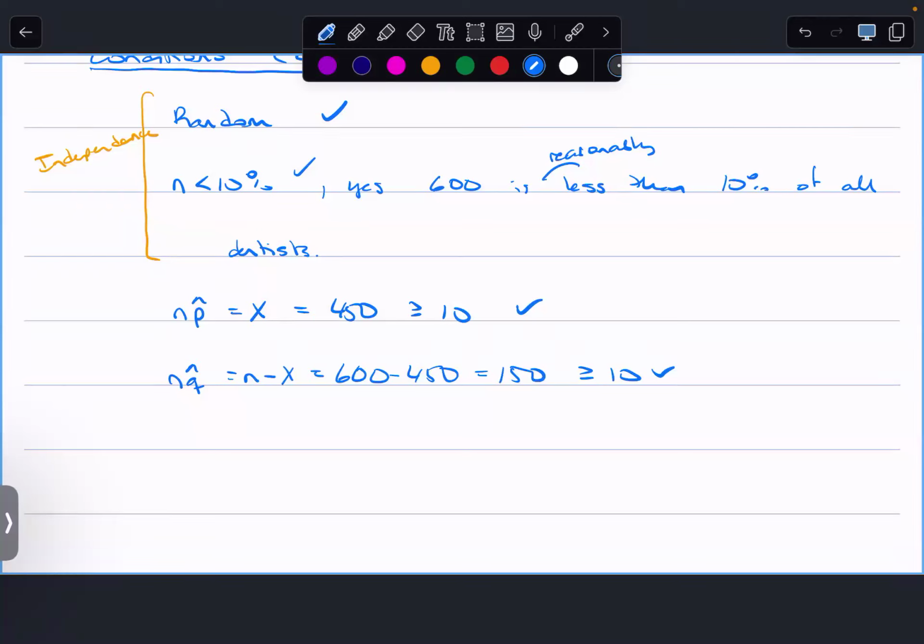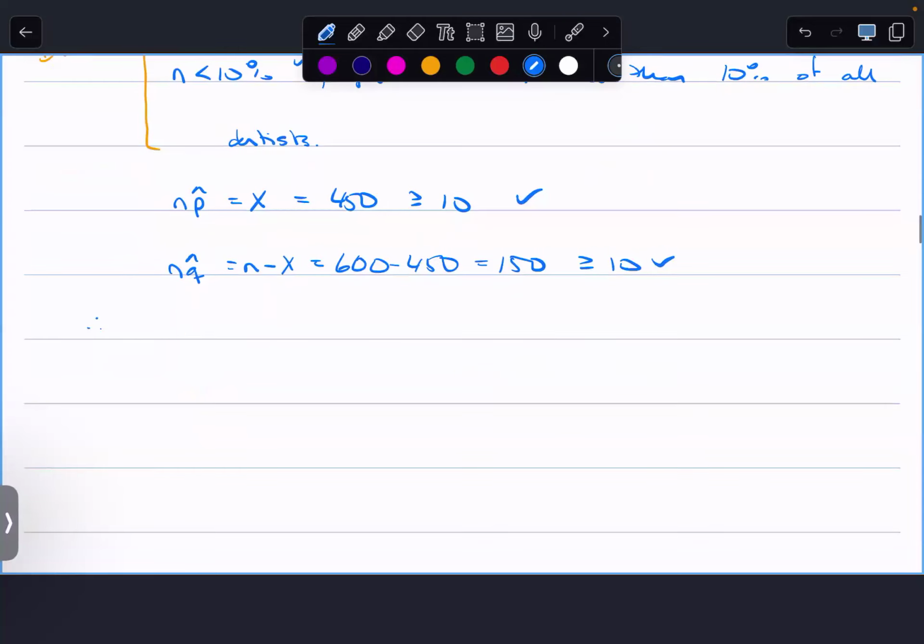Therefore, the conditions are satisfied, or met, if you prefer. That just means we can keep going with the question. If you were to tell me that the conditions are not satisfied, then technically you can't answer the rest of the question, and that would be bad. I'm not going to do that.